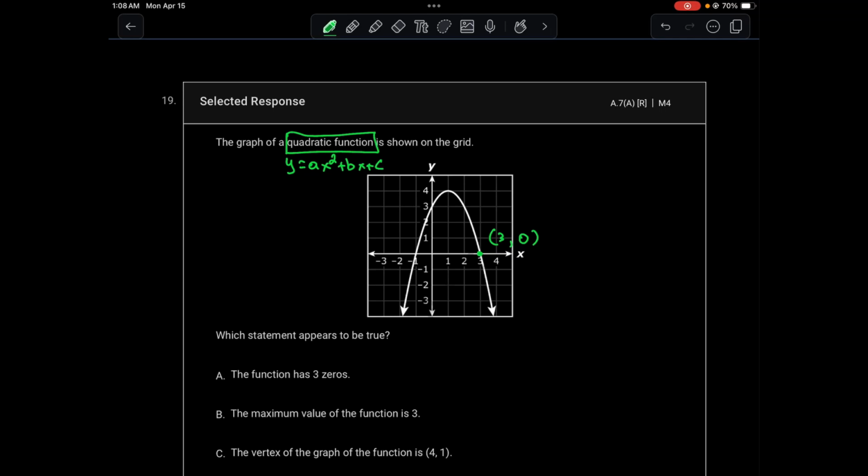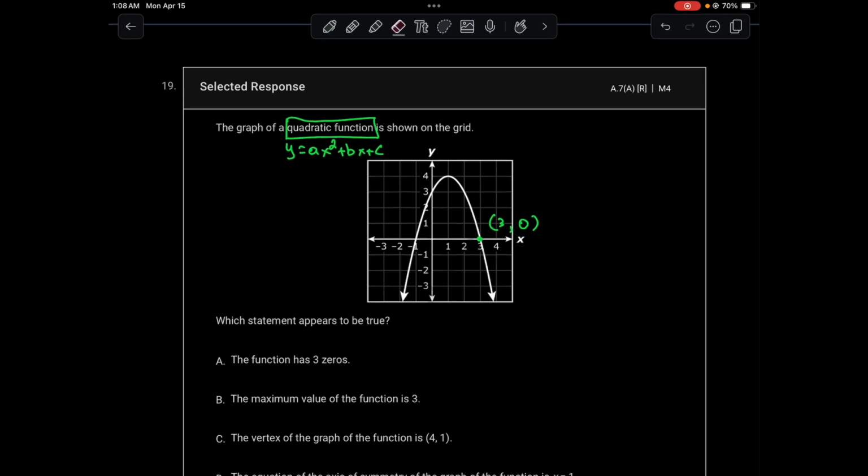Just to keep it simple because I'm not sure what it's asking. Here's the x-intercept, and there's another x-intercept. This one is at 3. This one is -1, and there is a y-intercept, and the y-intercept is 3.